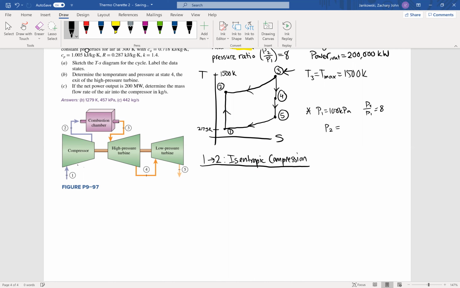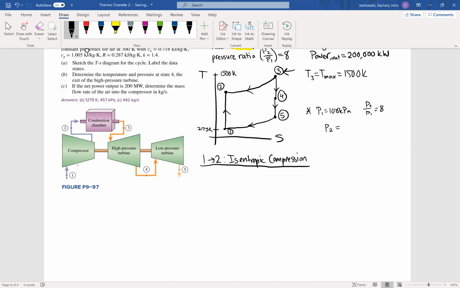We're going to note that T2 over T1 is equal to our P2 over P1 to the K minus 1 over K. Now, since we know our P1, our P2, our T1, and our K, we can easily solve for T2. And we're just going to rewrite it over here that our T2 is equal to T1 times the pressure ratio to the K minus 1 over K.